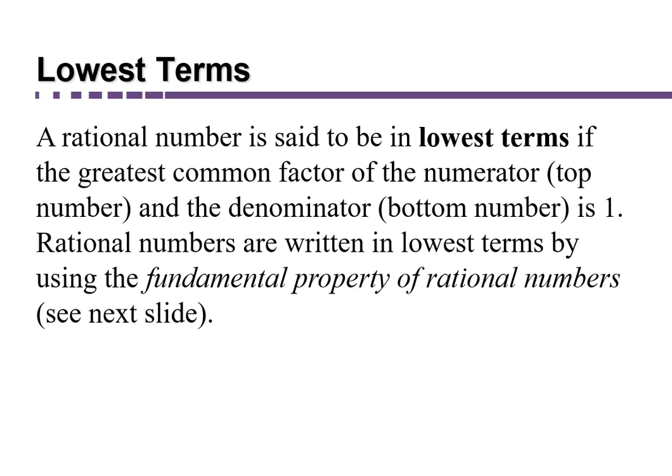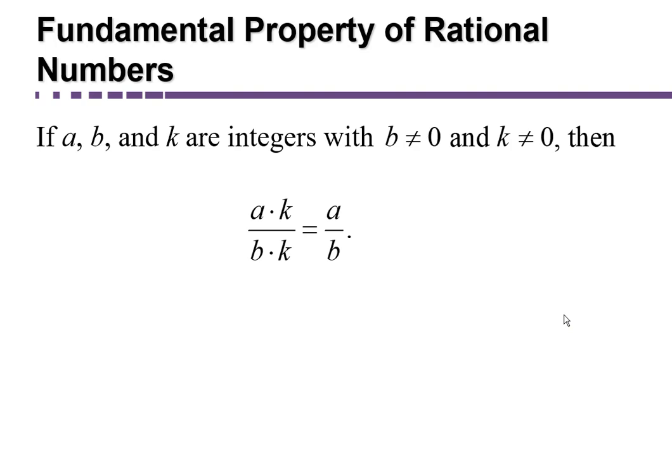Now, another definition that is often referred to as simplifying rational numbers to lowest terms is something like this. Now remember, you can't have a denominator that contains zeros as factors.